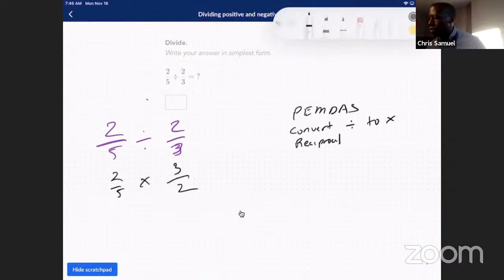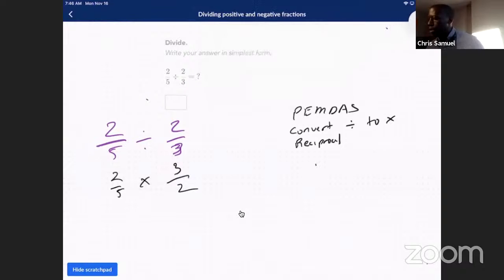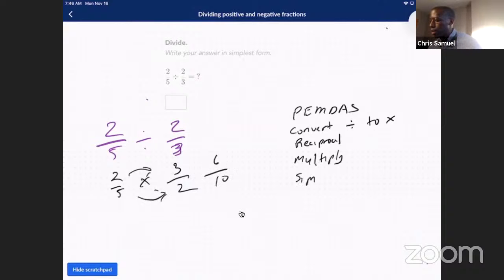Then you have convert to reciprocal, and then you multiply. So 6 over 10, and we simplify if possible. You can simplify this, I'm sure. You could use 2, right? It'd be 3/5.